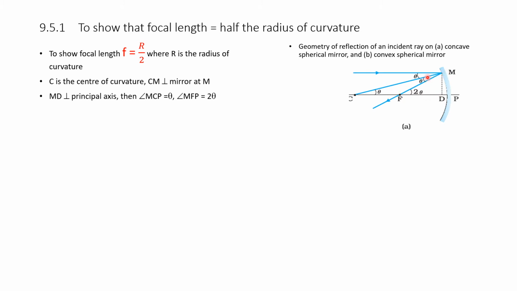Then angle MCP is equal to theta and angle MFP is equal to 2 theta, because here you see these are parallel and this is theta plus theta, which becomes 2 theta.